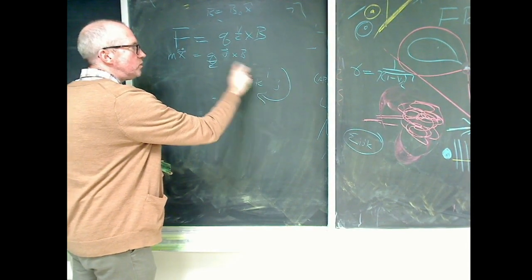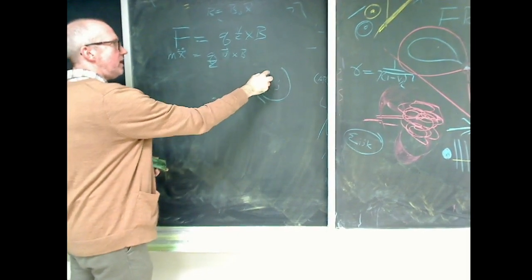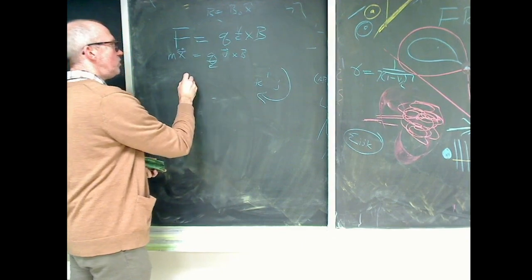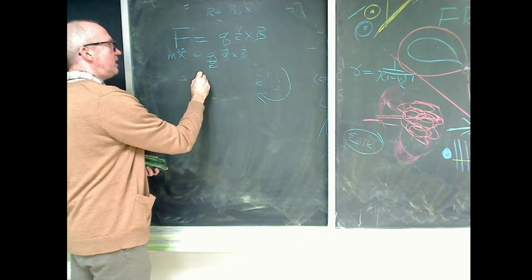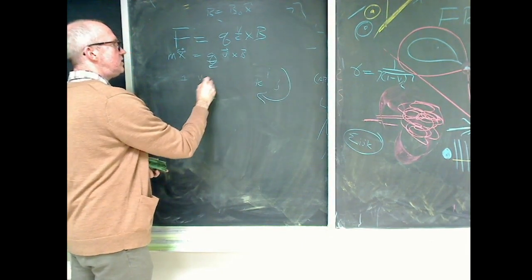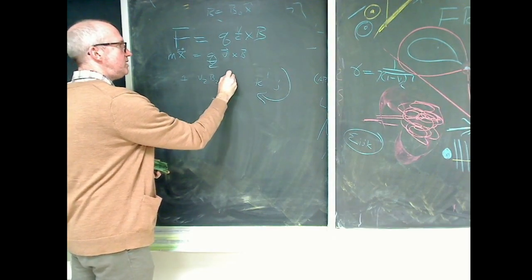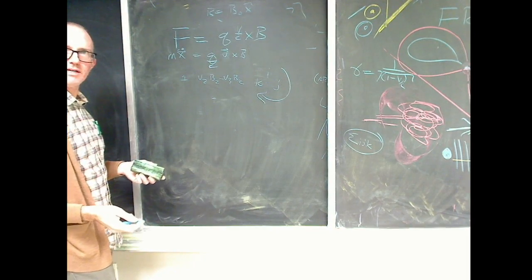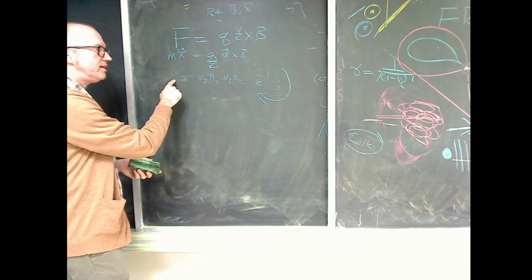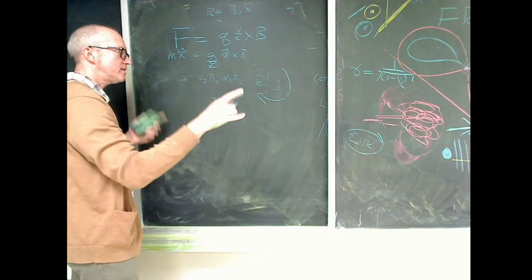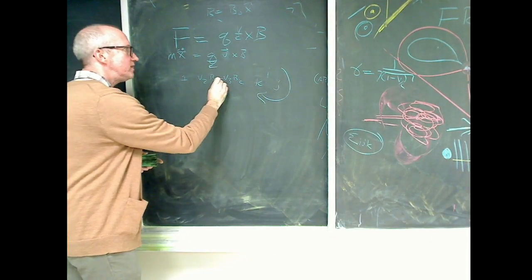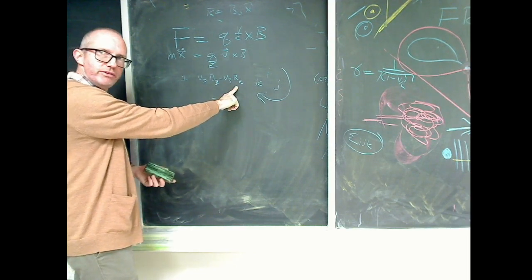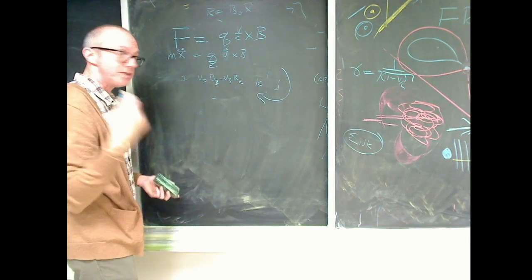So V cross B, the 1 component, is v2 b3 minus v3 b2, because with the triply antisymmetric tensor the only thing that shows up is 2 and 3. One of them has a minus sign and one is backwards. That's how you take a cross product.